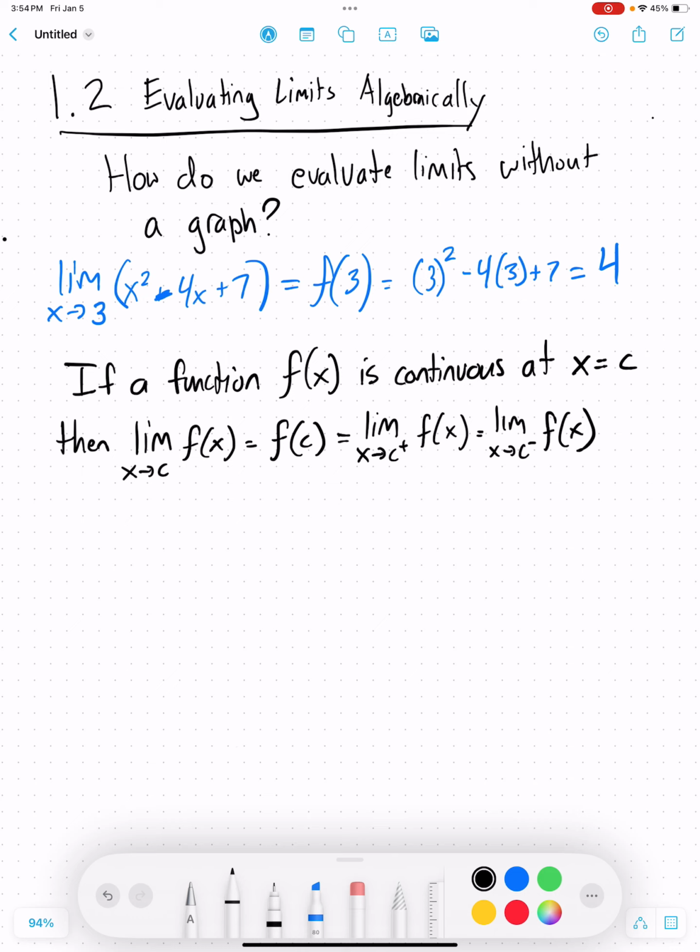Okay, so we're going to use that as we get into how we evaluate different functions. So to be clear, today we're going to be focusing on functions that only have one rule. So we're not going to be talking about piecewise functions. We talked about piecewise functions at the end of the last video of how we can evaluate those limits algebraically, right? Because with piecewise functions, it's either continuous or we have a jump.